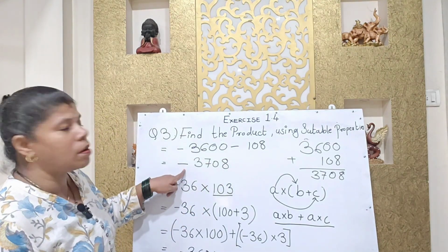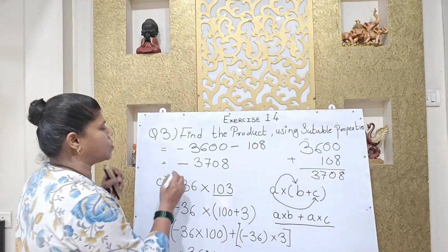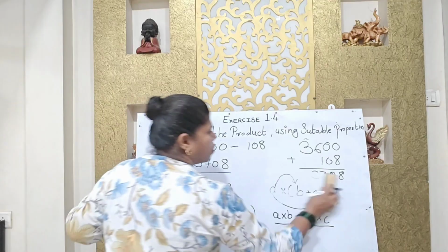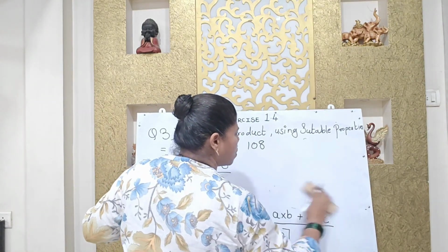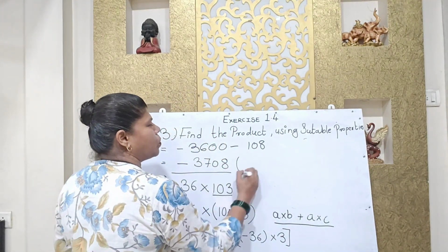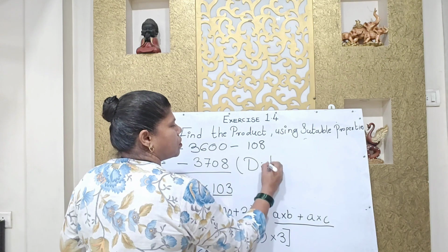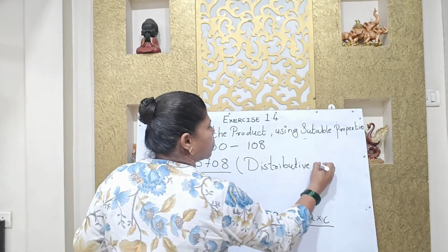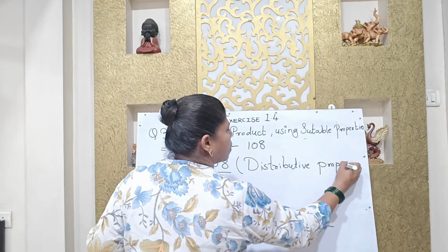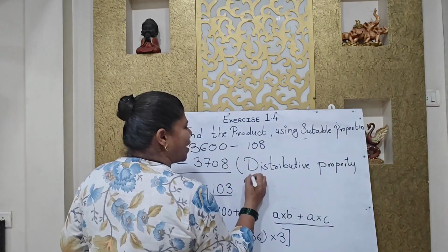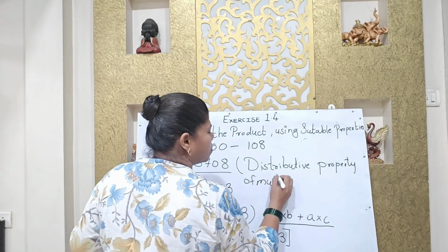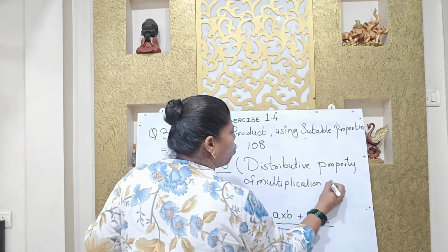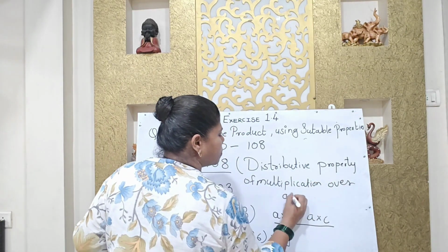What will be the answer? Minus 3708. Which property have we used here? Distributive property of multiplication over addition.